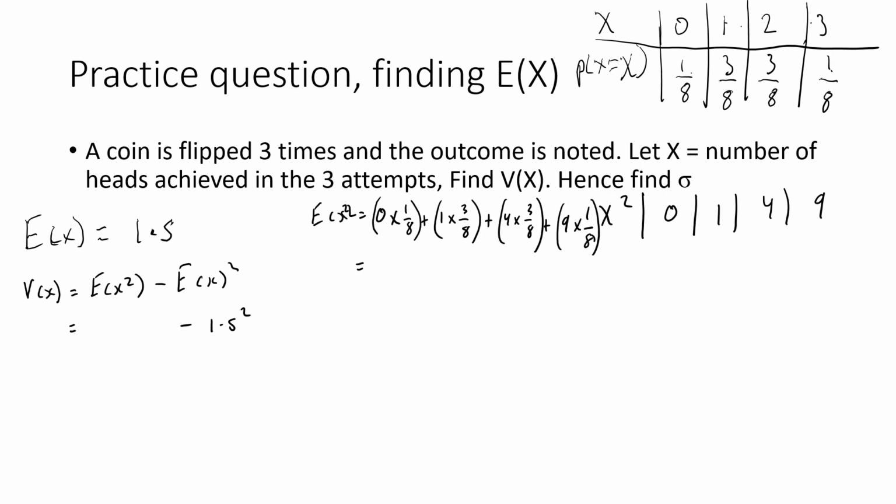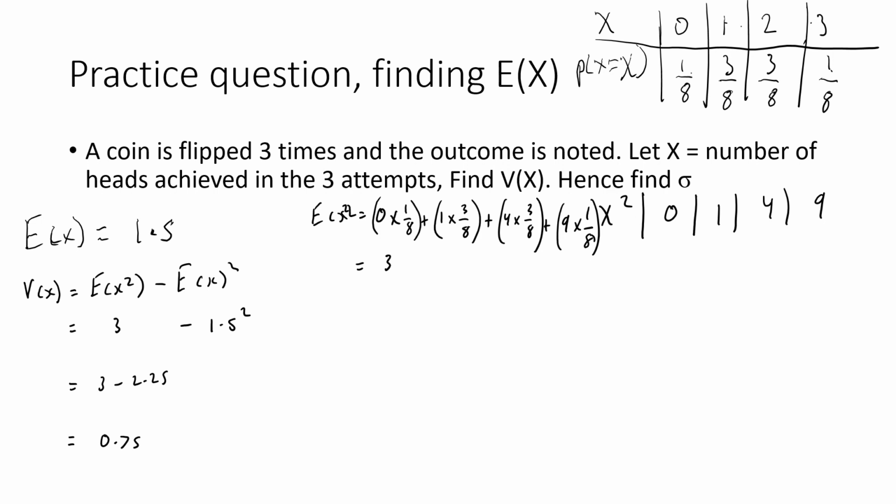And that gives us 3. So now we have E of x squared, and we can input this into the formula. 3 minus 1.5 squared is the same as 3 minus 2.25, which gives us 0.75.